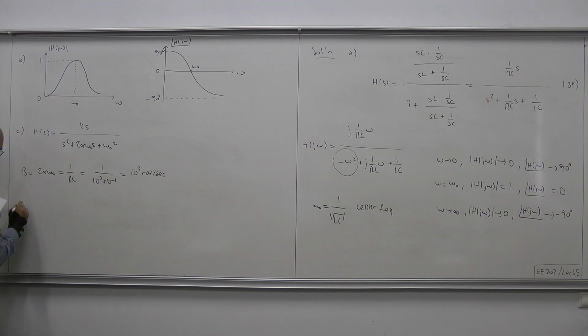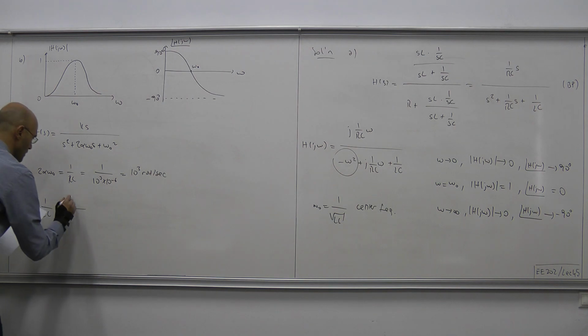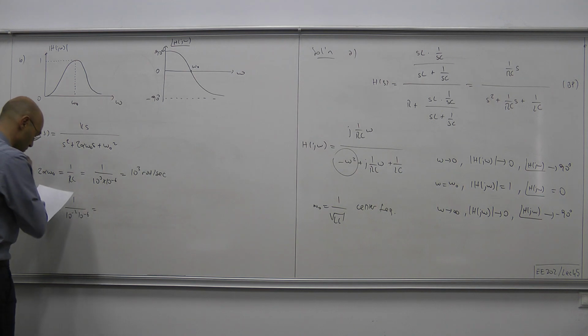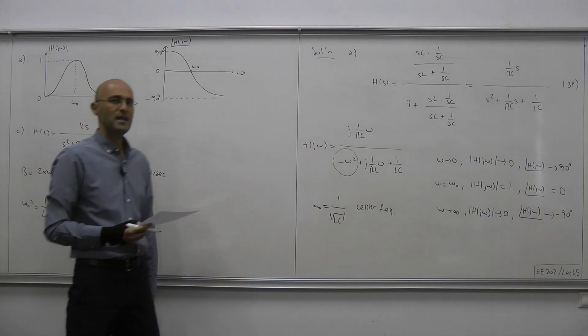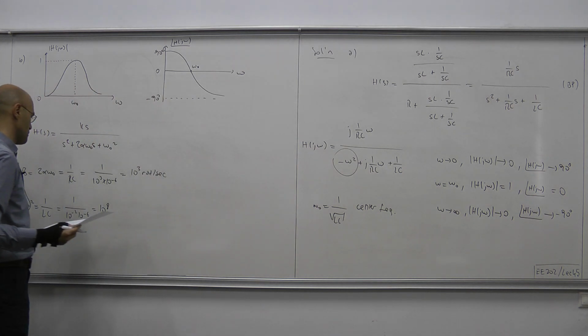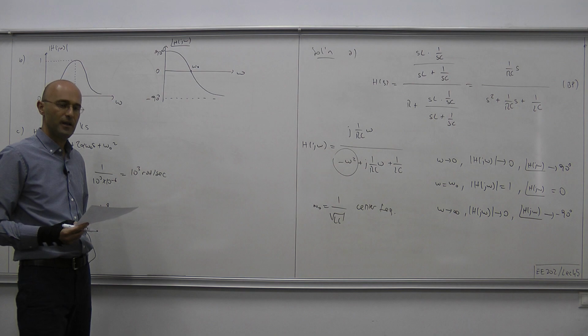And the center frequency omega 0 squared equals 1 over LC, and that equals 1 over 10 to the minus 2 times 10 to the minus 6, and that produces 10 to the 8. Hence, omega 0 is 10,000 radians per second.